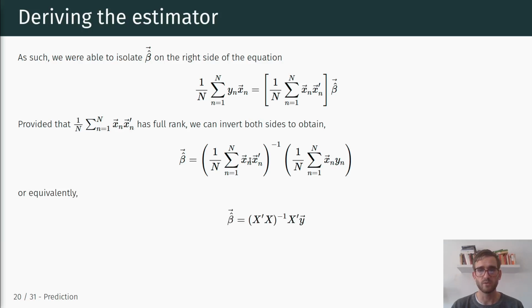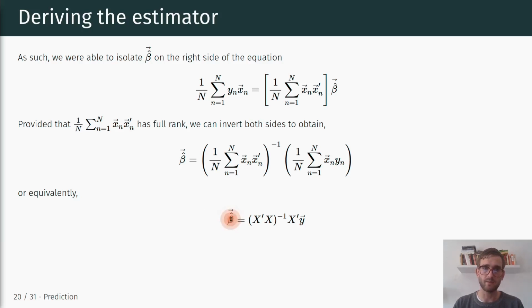We can also specify this back in matrix form, which is x prime, now the x matrix, not the xn vector, x prime x inverse x prime y. So this is the compact matrix specification of the OLS estimator.